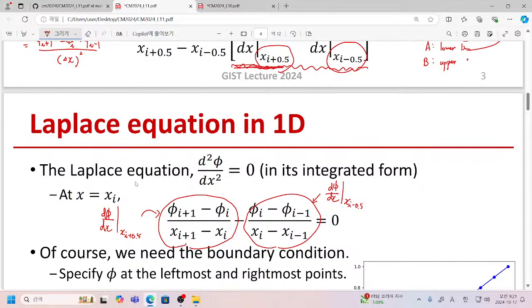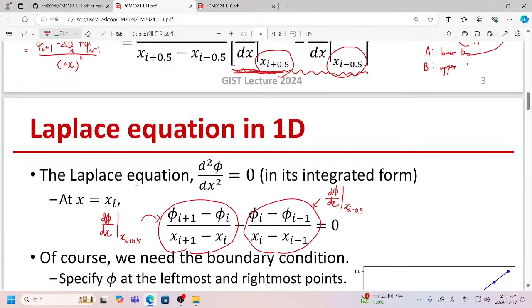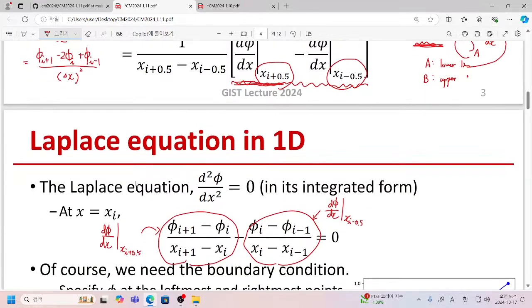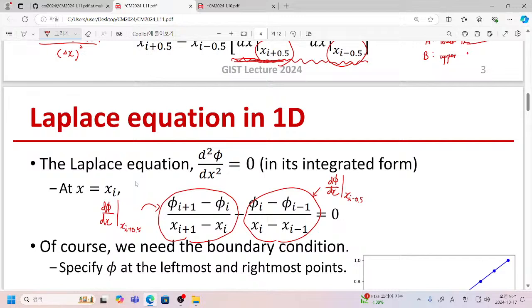So yes, this is just for the integrated Laplacian operator in 1D space. Simply speaking, if we have to consider the Laplace equation, which says the second derivative of our unknown variable should vanish, in its integrated form over a short range it can be written in this form.